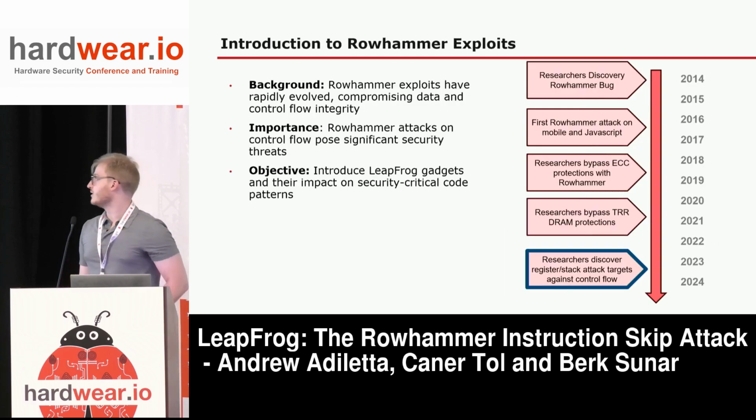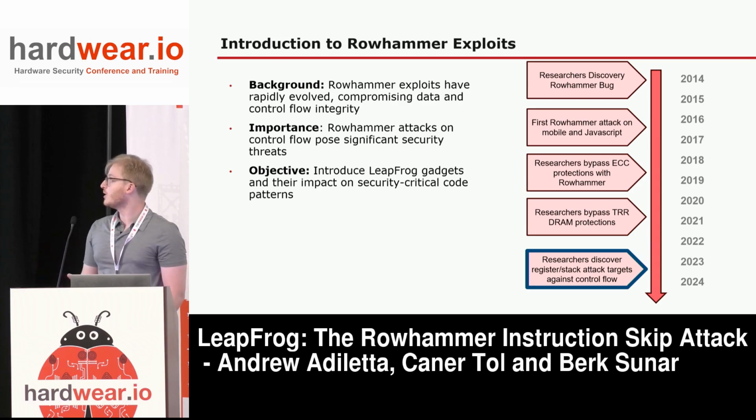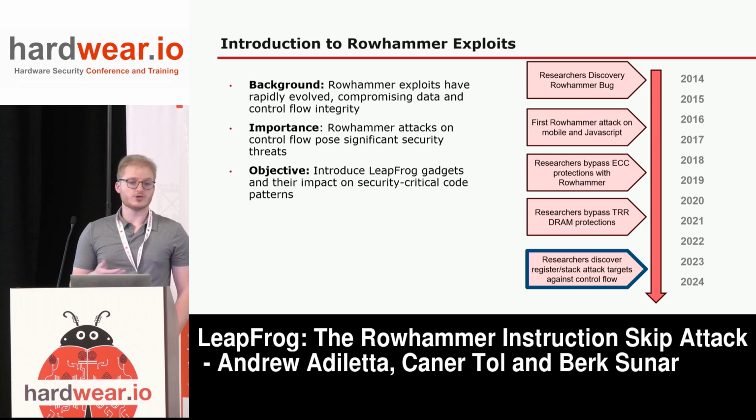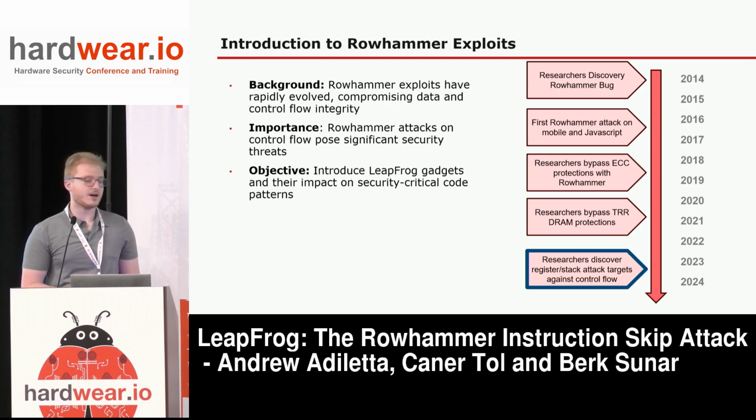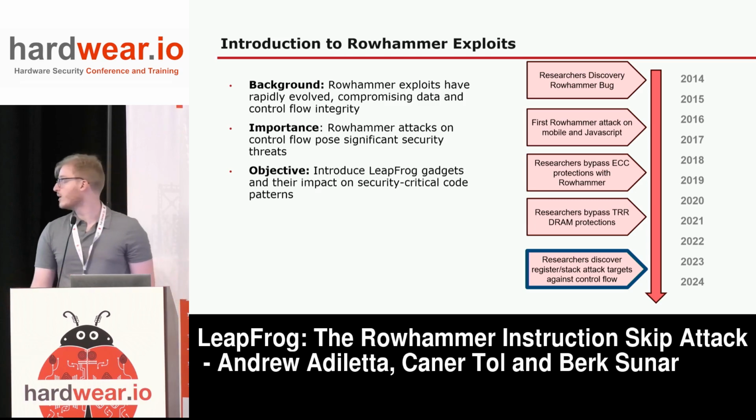And so I think it's really good to tell a story with a timeline. It was around 2014 that researchers discovered the Rowhammer bug. Between 2016 and 2017, researchers applied the Rowhammer bug to mobile handsets, the Nexus 5. They were able to do Rowhammer via JavaScript. And then 2018, 2019, researchers were able to bypass ECC, which was largely thought of as the big defense against Rowhammer.